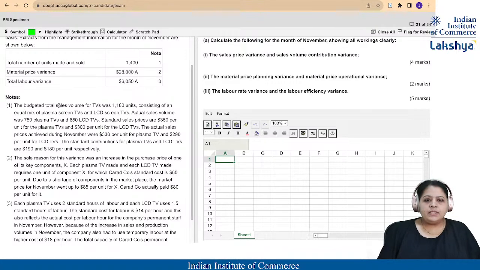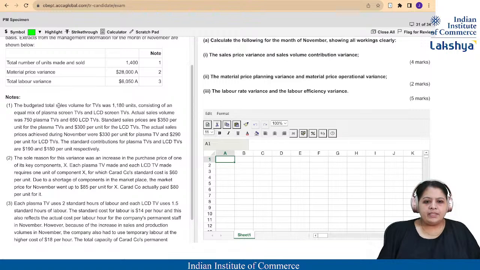The budgeted total sales volume for TVs was 1180 units, consisting of an equal mix of plasma TVs and LCDs. Actual sales volume was 750 plasmas and 650 LCD TVs.